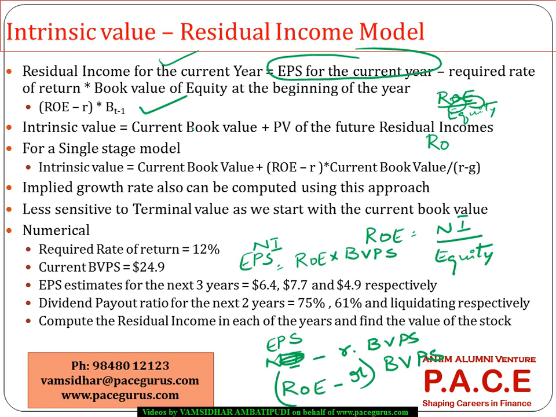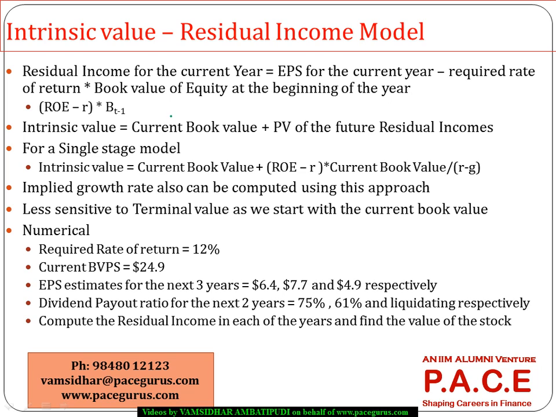And when we are trying to do the intrinsic value calculation, we take the current book value and all the future periods' residual incomes, and I am discounting them to the present value.